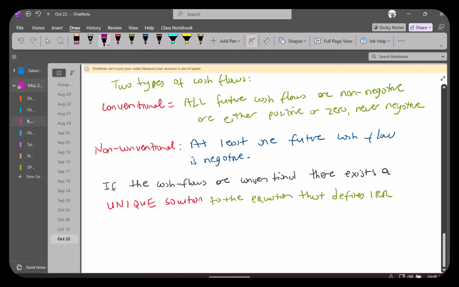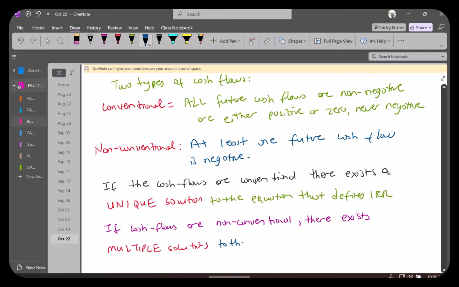If cash flows are not conventional, there exist multiple solutions to the equation that defines IRR.